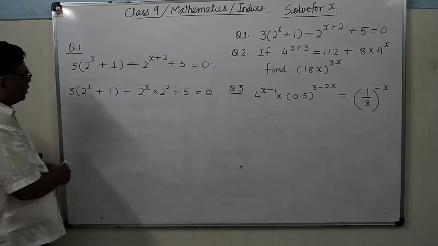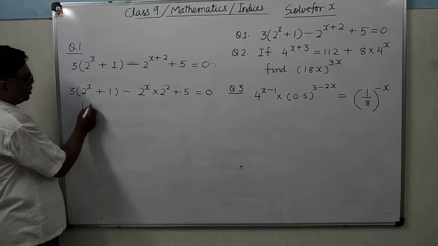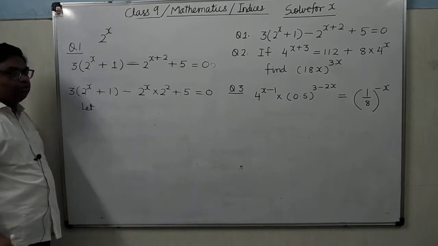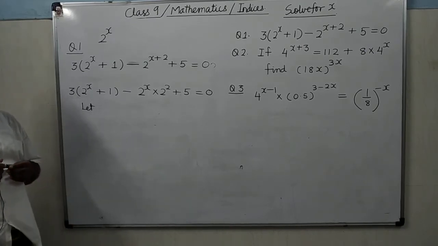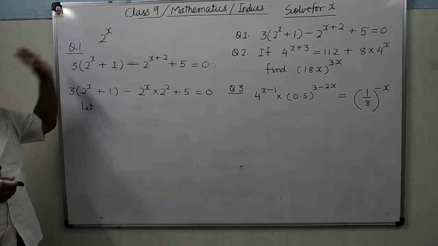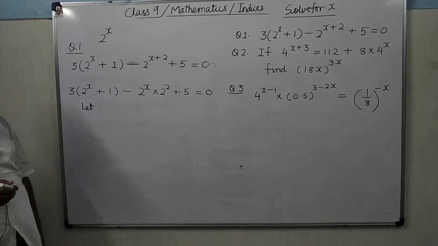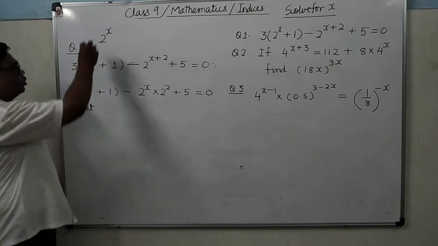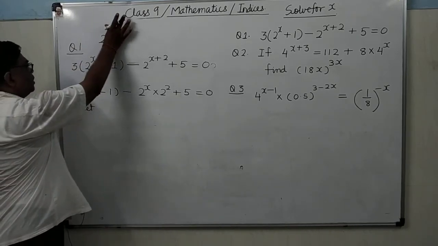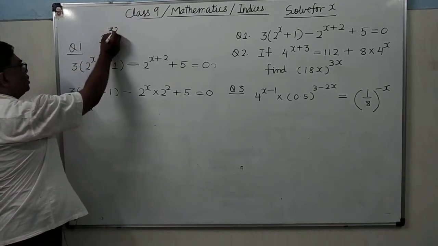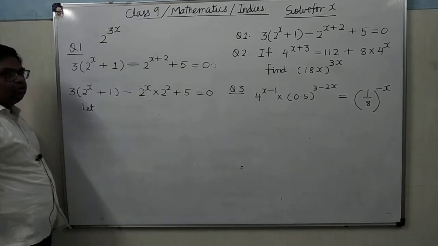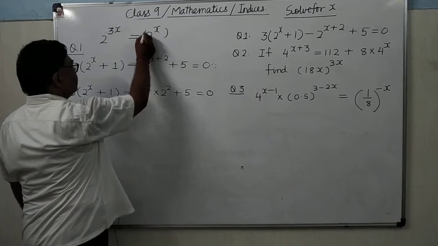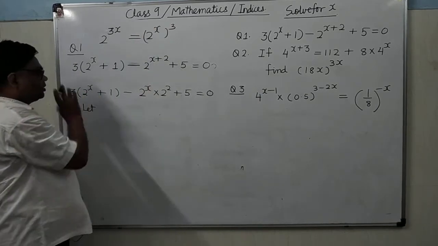So you can assume, let 2 to the power x, because 2 to the power x cannot be reduced further. Why? Because 2 is a prime number and x is the variable that you have to find. Suppose if it is 2 to the power 3x, in that case we can reduce it. How? Just now I told you, 2 to the power x whole to the power 3. But 2 to the power x cannot be reduced.